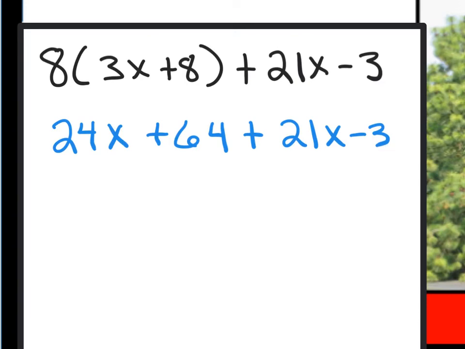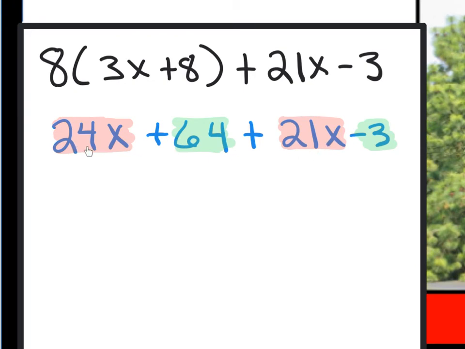The next step is to go ahead and color or highlight your like terms. And I'm going to start here with the 24x, and that's representing an x, right? And now over here I've got 21x. So these are my 2 x's, or my 2 like terms that are variables. And then I'm going to use green to do my numbers. I got 64 here, and I've got a minus 3 here, right? So now when I start to combine them, I've got 24 plus 21.